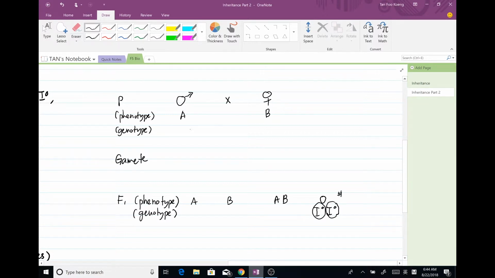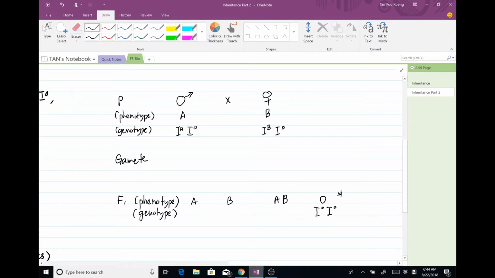So I predict that the father must have this allele, same as the mother. And for the father to have blood type A, he must have the allele IA. For the mother to have blood type B, she must also have the allele IB.